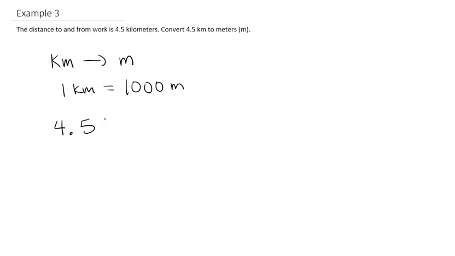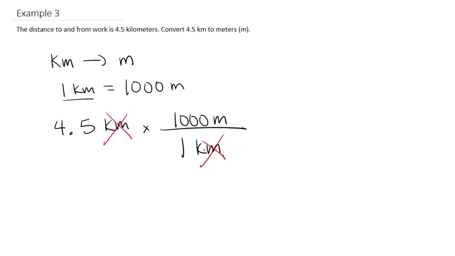We have 4.5 kilometers. We need to get rid of kilometers, so we're going to put this on the bottom. So 1 kilometer over 1,000 meters. Next, we can go ahead and cross out the kilometers, as we're left with now just the meters, which is what we want. Then we would need to multiply this 4.5 times 1,000.